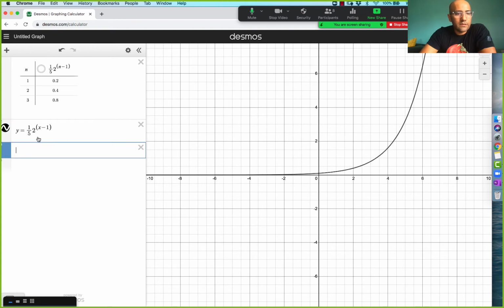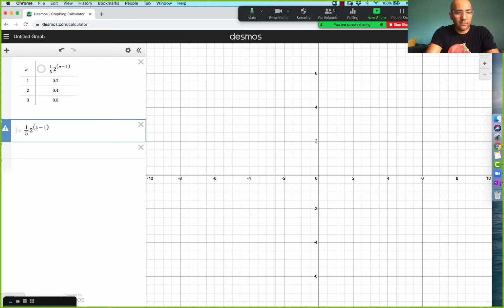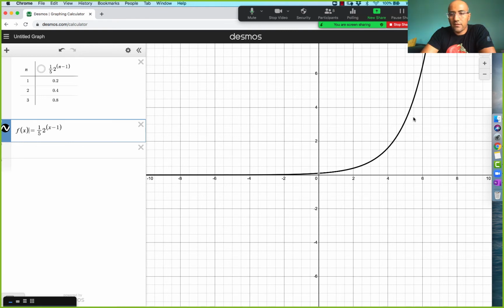Okay, so here is the function version of this, and I can make it f of x as a function. So when we graph it, the domain is all real numbers, and the output is all positive real numbers.